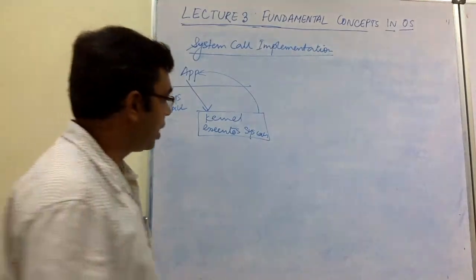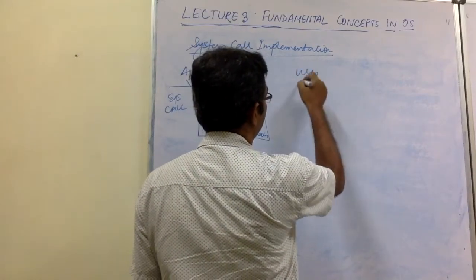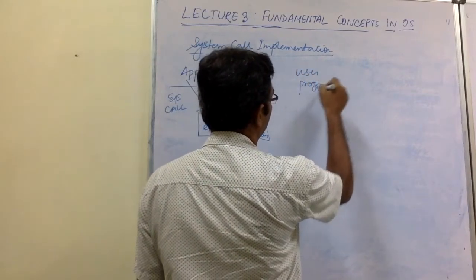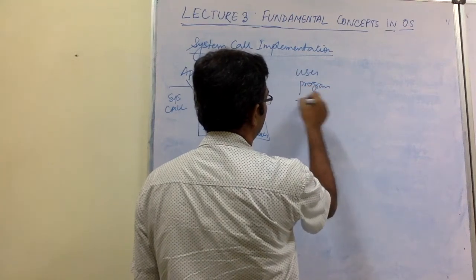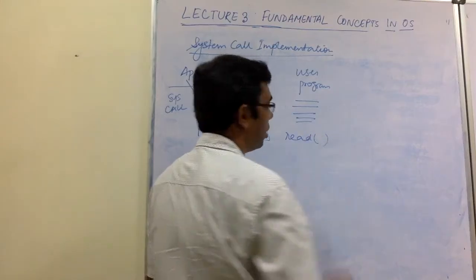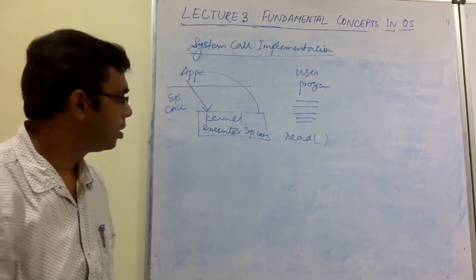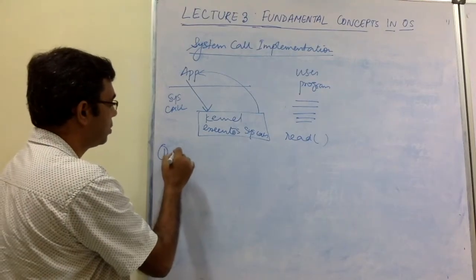Okay. So let's say there is some user program, and the user program has certain instructions, and one among them is a read instruction. So this is a system call.